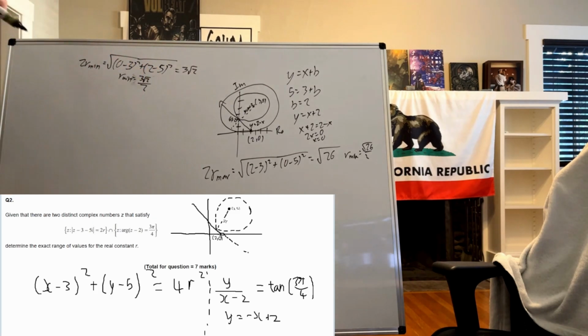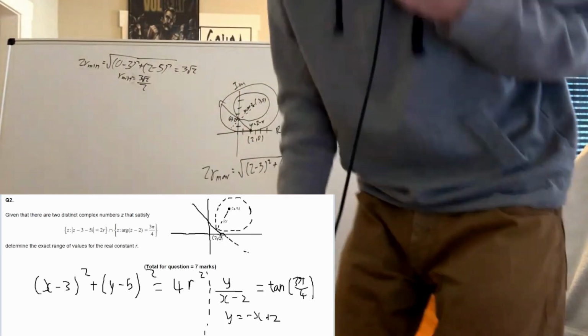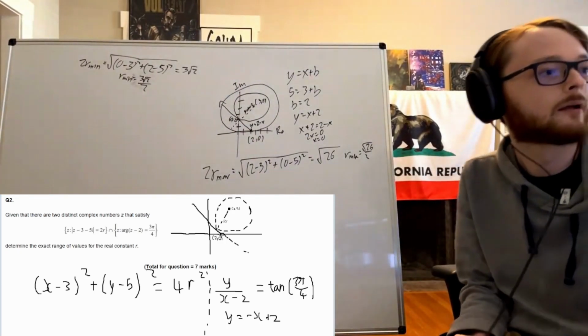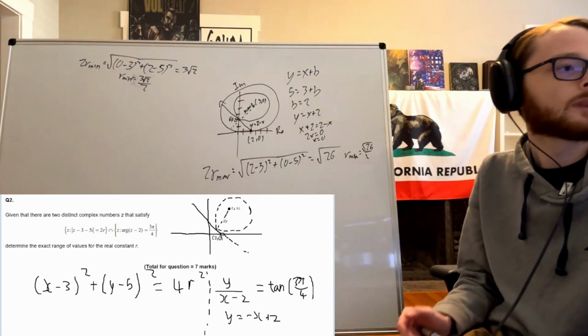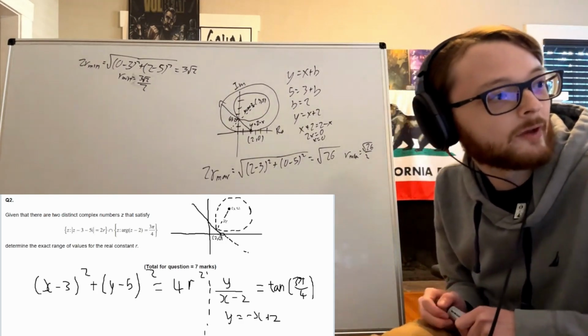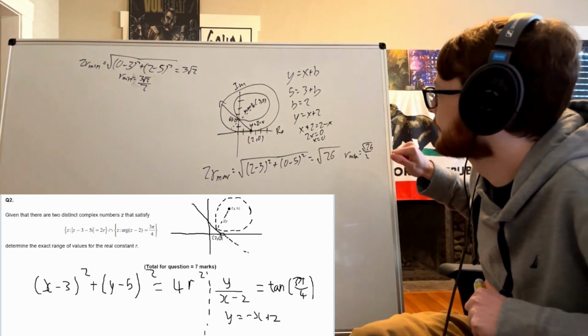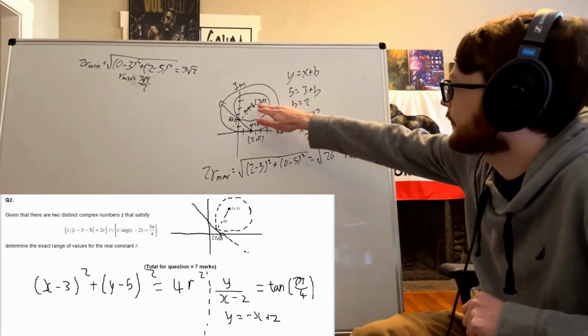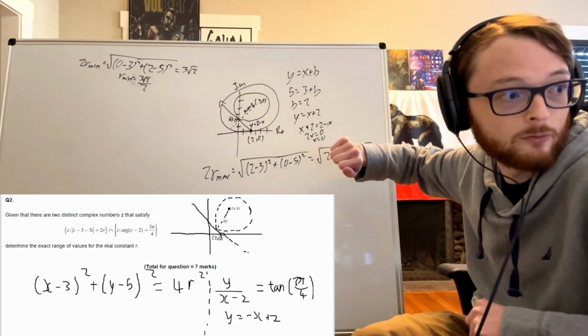And we do need to figure out if they're inclusive or not inclusive. For that part, I worked it out: I basically took the center of the circle and drew a perpendicular line that was y equals x plus 2.